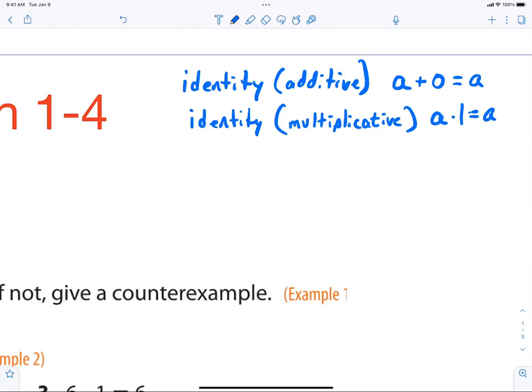So you have commutative is order. Associative is grouping. Identity is staying the same. And the last one that you have to know is called the zero property. Somebody explain to me the zero property. Yes, sir, Palmer. Almost. It does have something to do with zero.